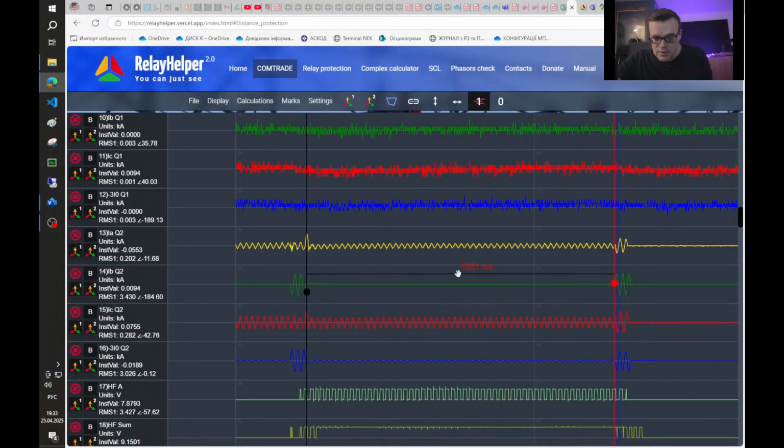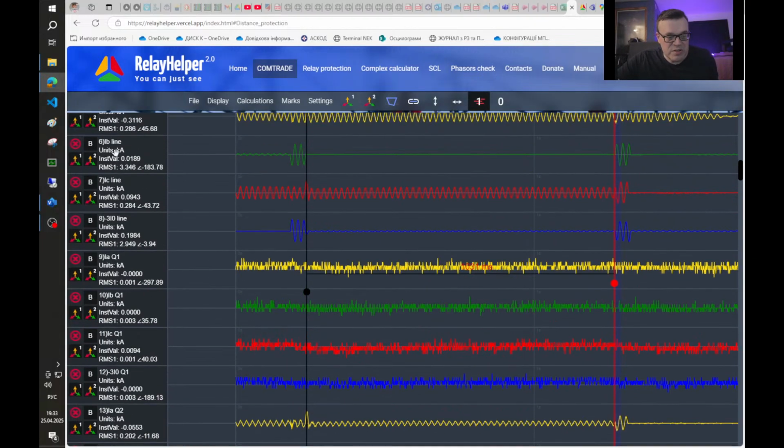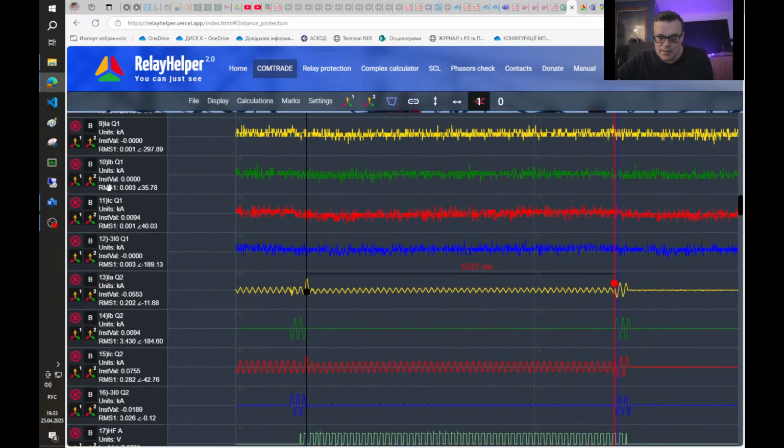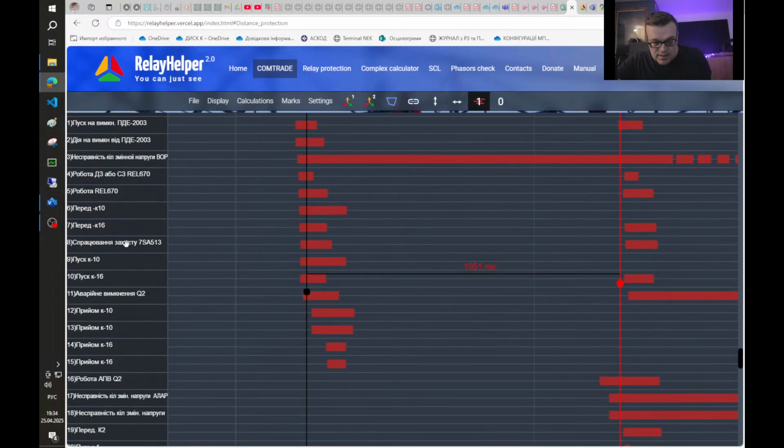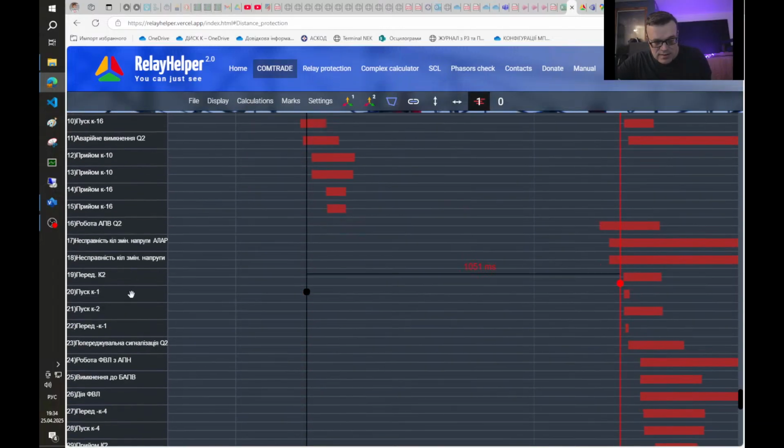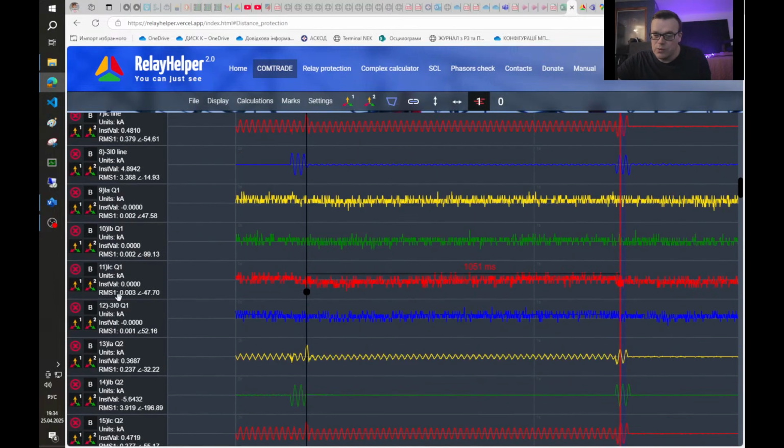So it was around 1 second, and from the substation A side the circuit breaker closes first, and because it was a solid fault, it trips again and sends this first signal to the opposite end for three-phase trip.